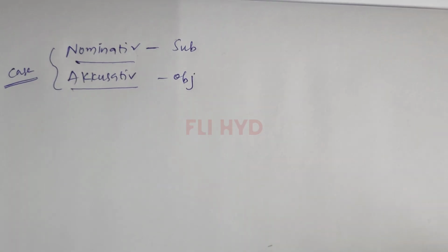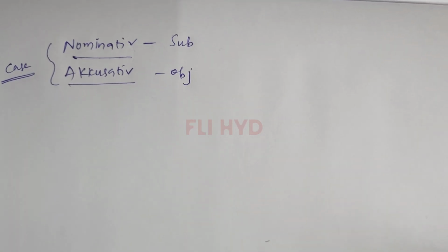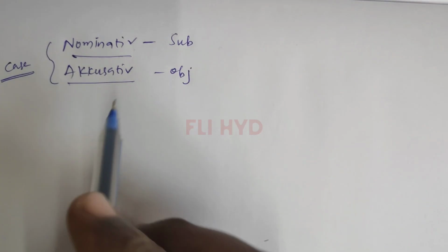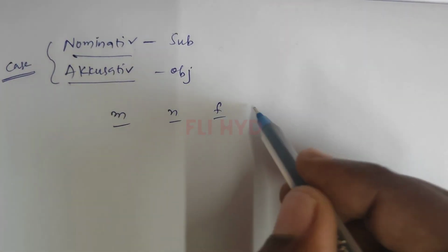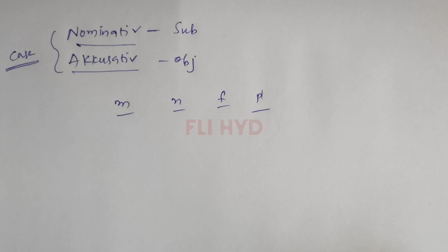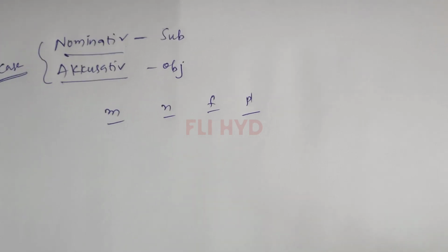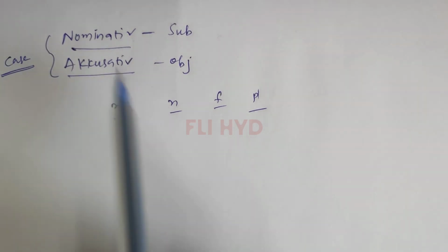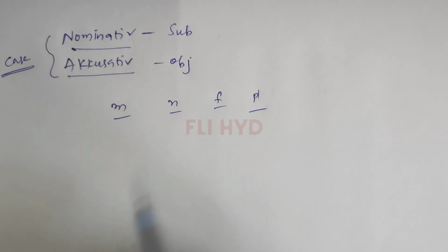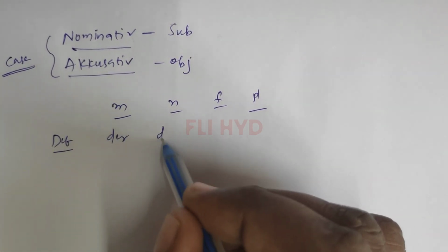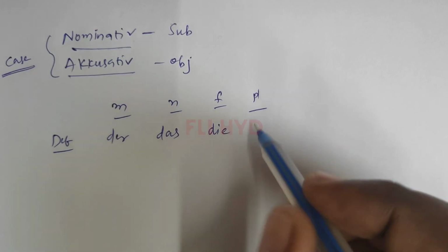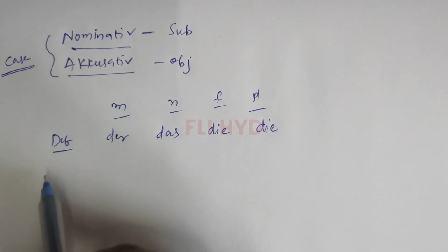Clear? Now we'll see how the articles change in nominative and accusative. We already learned male, neutral, female and plural. What we learned earlier comes under nominative, the subject articles. Definite article: male der, neutral das, female die, plural die.